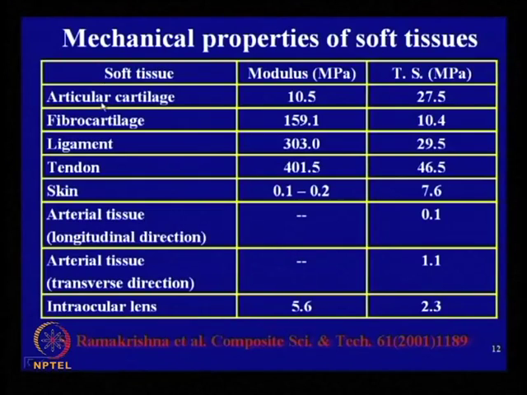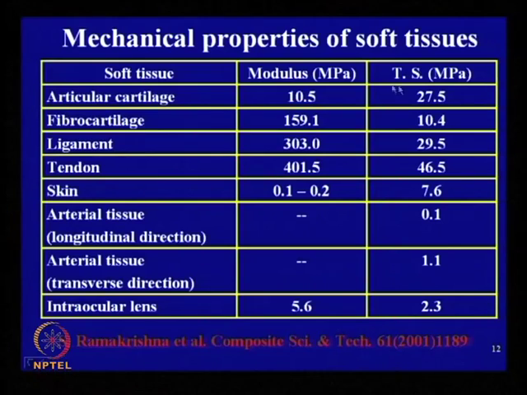Here these are the mechanical properties of soft tissues: cartilage, ligament, tendon, skin, arterial tissue in two directions, intraocular lens. So, you see this indicates the requirement of mechanical properties of the materials which are to be used for such biomedical devices.